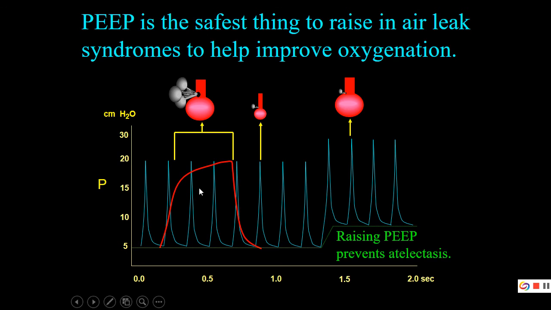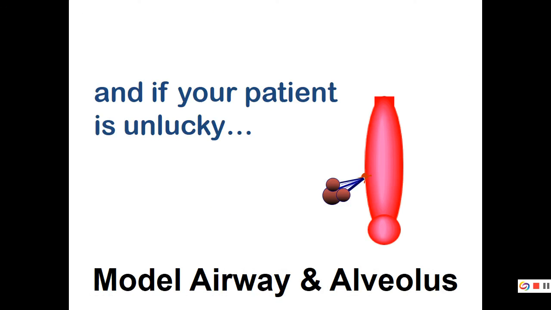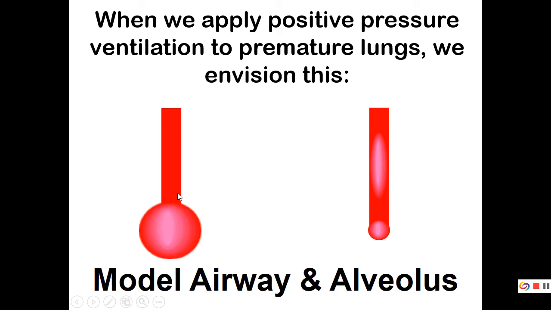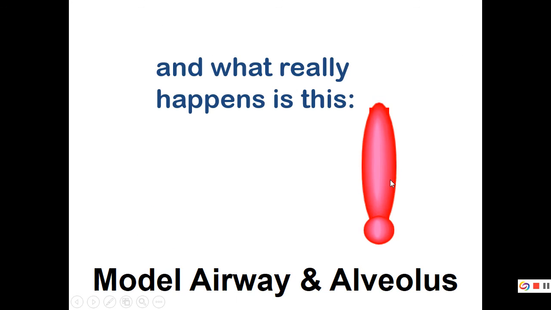And if you had a baby with an air leak syndrome and you wanted to increase something to try to prevent atelectasis, and your air leak occurred at these terminal bronchioles, which is what I showed you back here. So again, remember we're envisioning that that's what happens when we give a breath, but really it's more like this in our tiny babies.